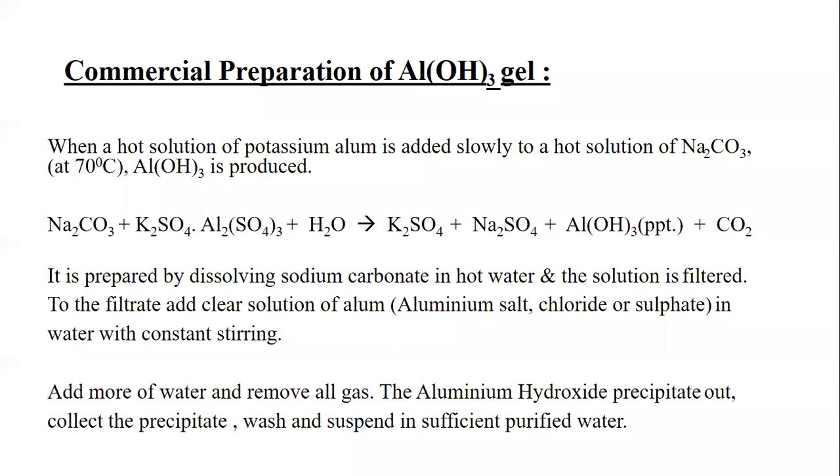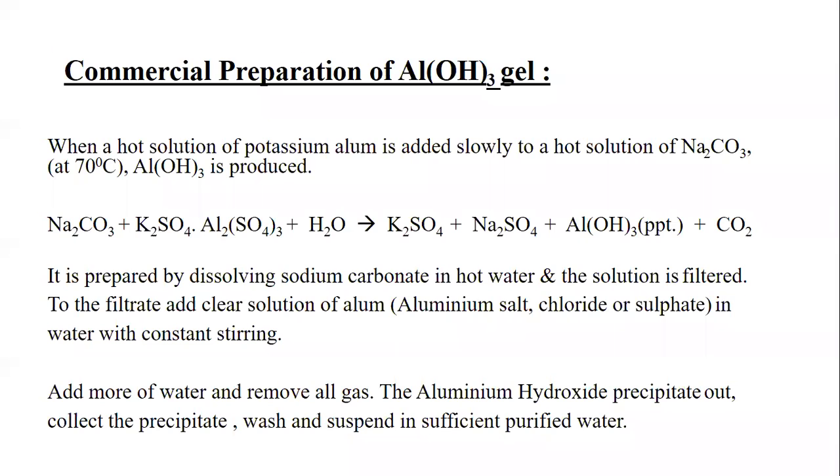It is not added vice versa. By adding vice versa, a precipitate of an alkali sulfate is formed and it is difficult to wash it. So that is why you have to add a hot solution of potash alum into your sodium carbonate.